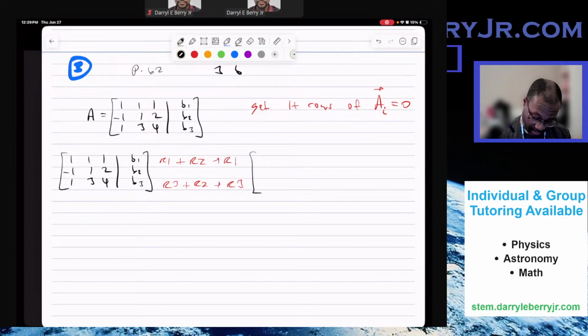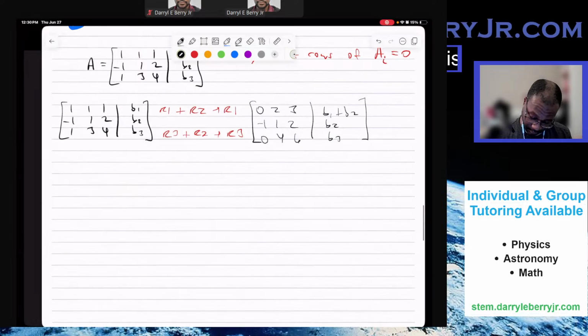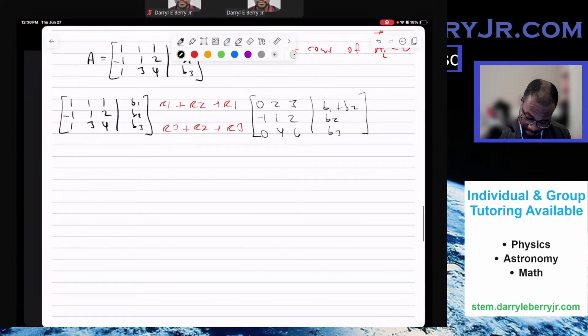So what I have is that, 1, 2, 3, and B1 plus B2, negative 1, 1, 2, B2. Then we have 0, 4, 6, B3. So what I'll do, be pretty convenient to say R3 minus 2R1 to R3.